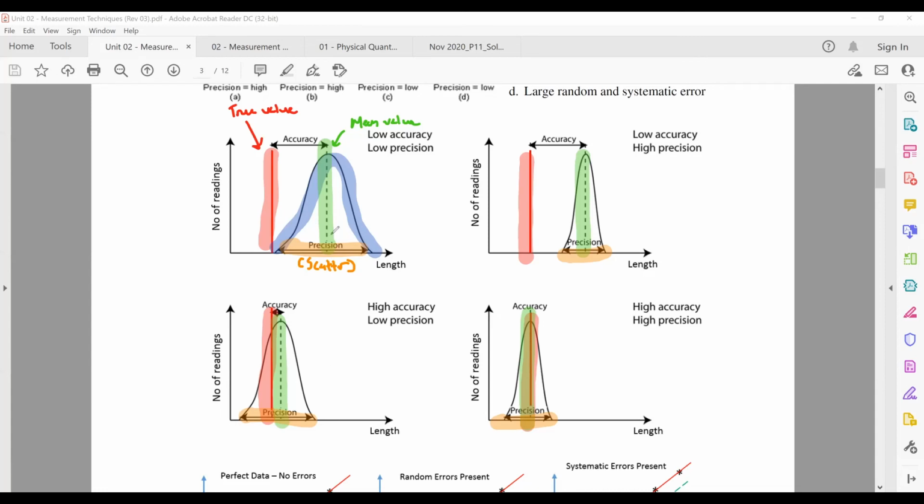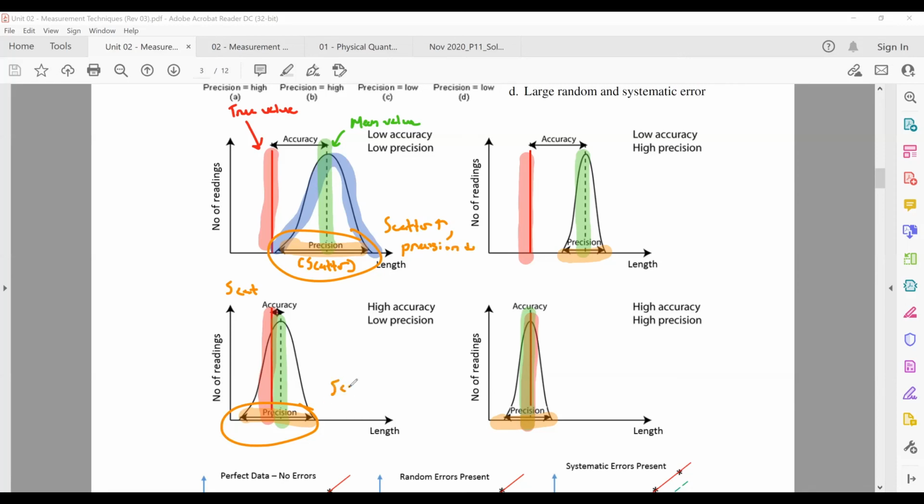You can see that for this one and this one, the scatter is actually quite high, so your precision here is low.